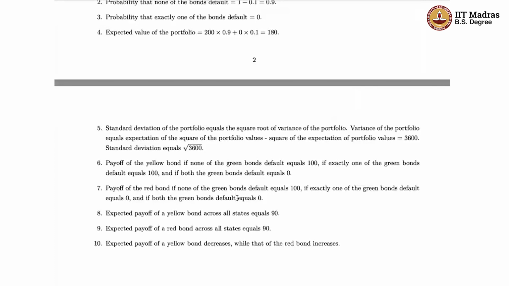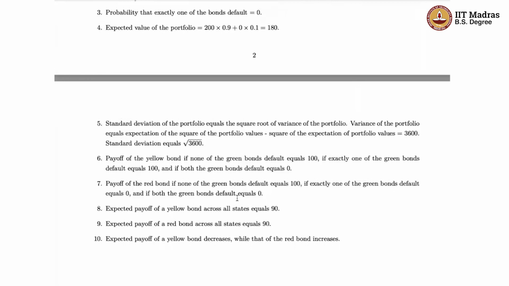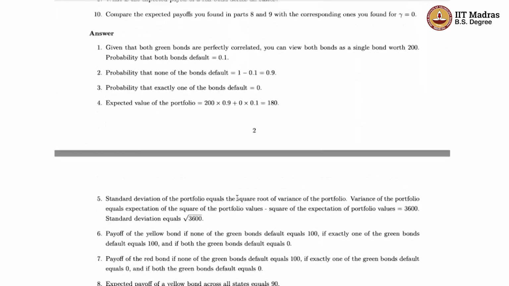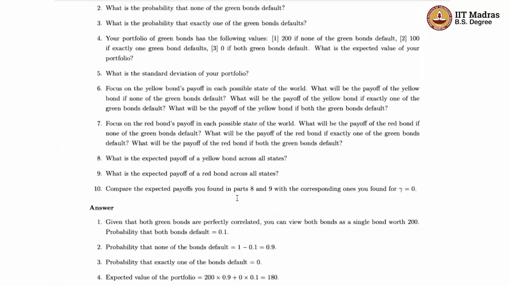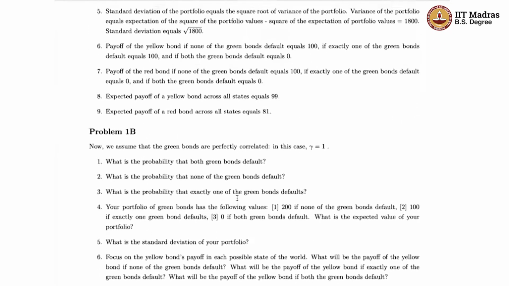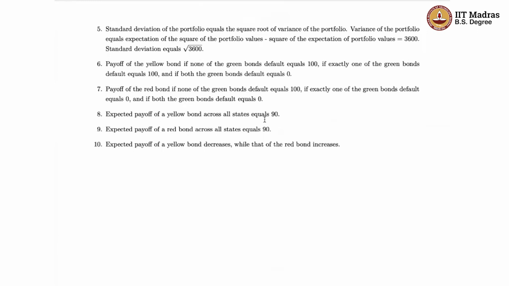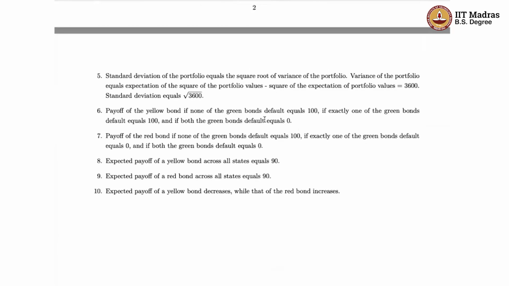So compared to the case of gamma equal to 0, what you would observe is that the expected payoff to the yellow bond reduced from 99 to 90. And the expected payoff to the red bond actually increased from 81 to 90, right? So hopefully it's now a bit more clear how exactly this senior claim, junior claim works, and what the effects of that are in terms of doing all these calculations.